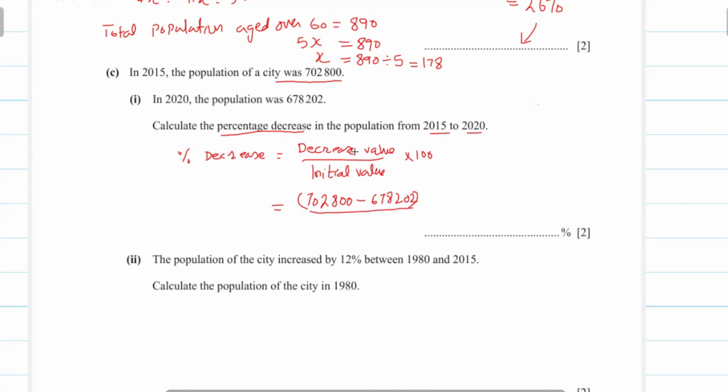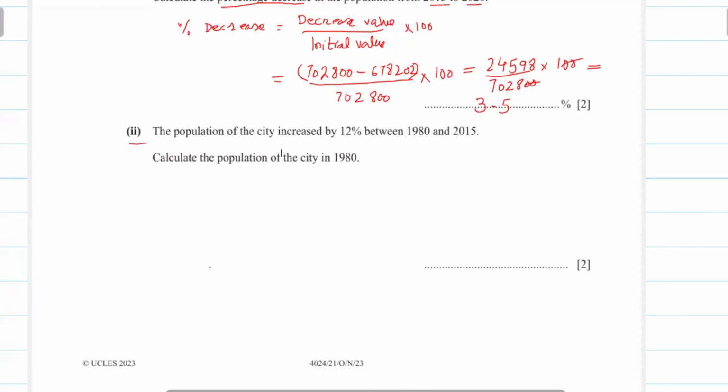The difference is 24,598, divided by our initial value 7,02,800, multiplied by 100, and the 20 will be cancelled. When we divide this value, we get 3.5% as the answer.